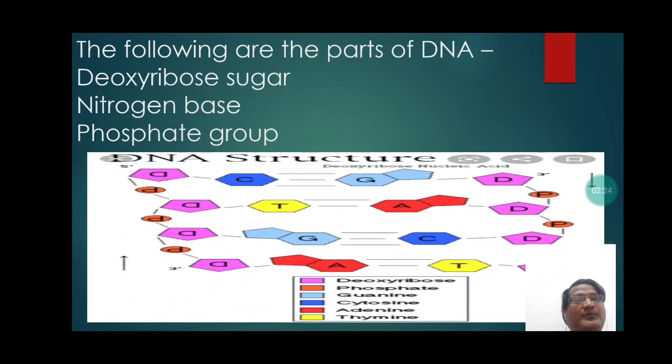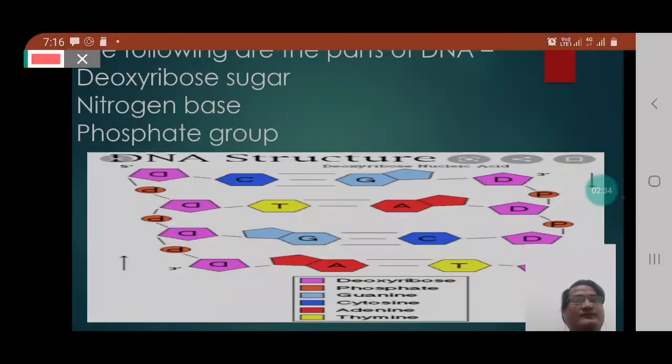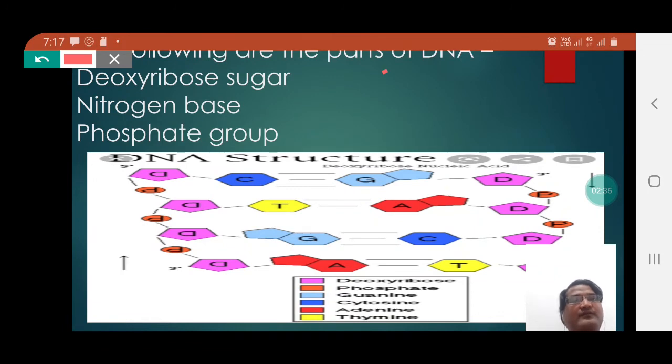The following are the parts of DNA: deoxyribose sugar, nitrogen base and phosphate group. Students, DNA has basically three distinct parts.